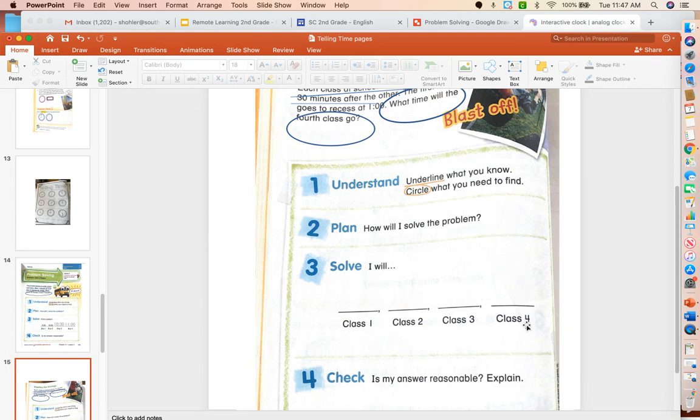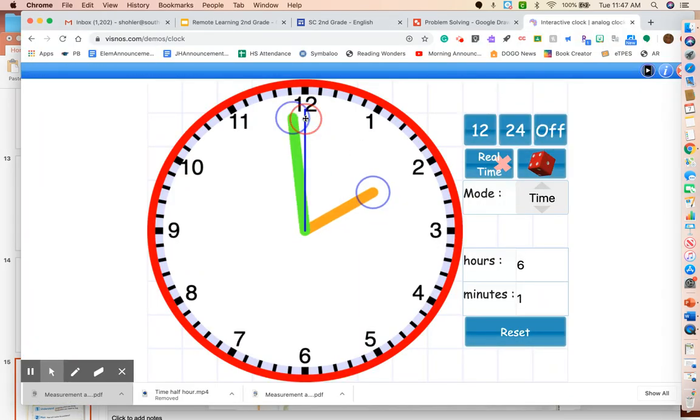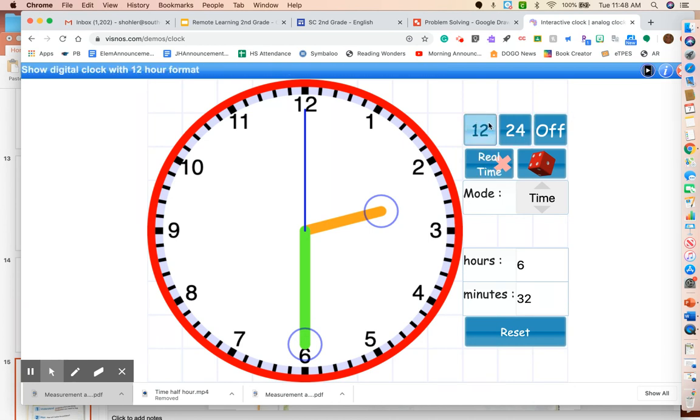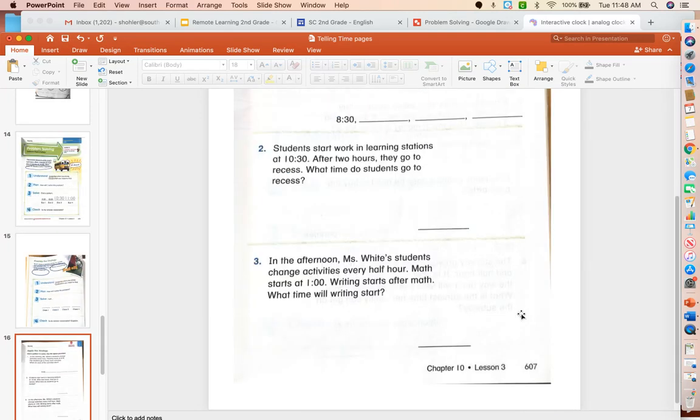And in class 4, they're going to go another half hour. So we're going to take our minute hand and go another half hour. What time does this say? 2:30. So it should say 1 o'clock, 1:30, 2 o'clock, 2:30.